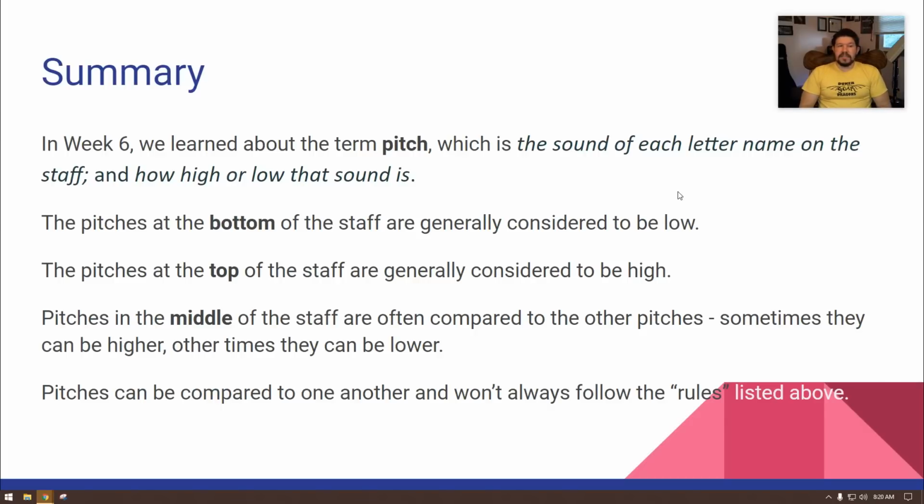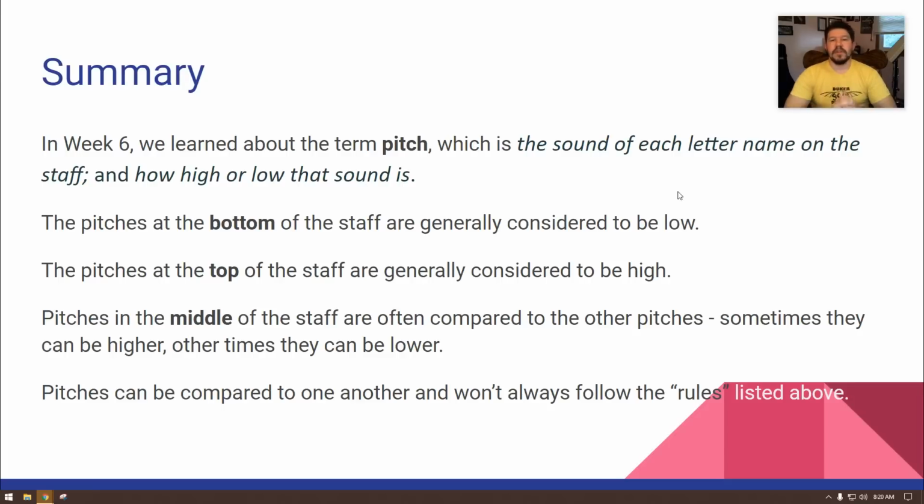Pitches at the top of the staff are generally considered to be higher. The middle pitches are often compared to one another, which means that sometimes they act as a higher pitch and sometimes as a lower pitch. So pitches can be compared to one another, but will not always follow those rules listed above.